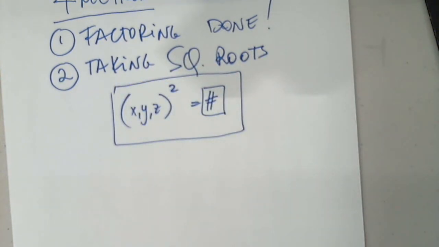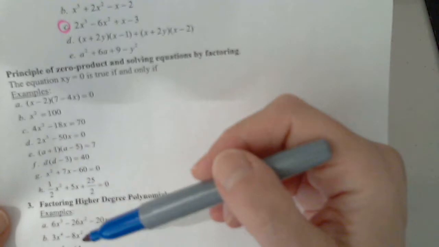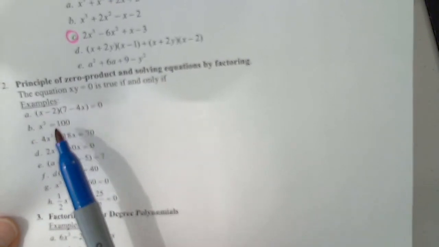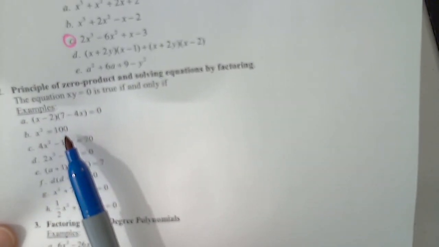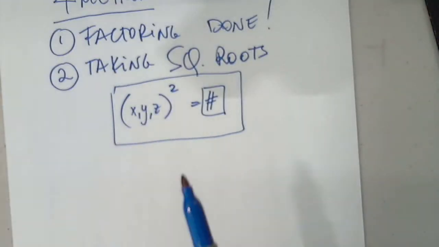So for example, going back to my handout, in this situation, or any of these situations, I cannot apply taking square roots. This one I can. I can apply taking square roots because I have x squared and equals 100. But here I cannot apply taking square roots. In no other situation I can apply taking square roots.